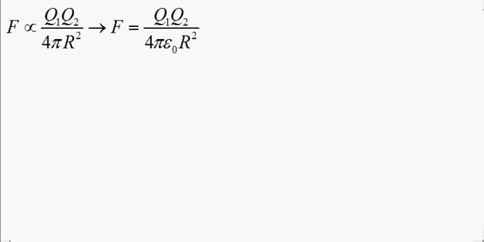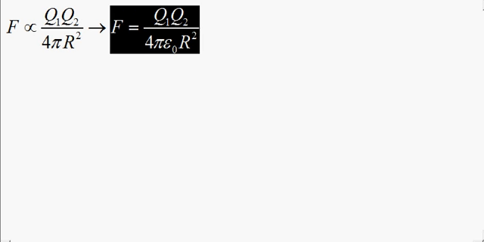Later on you get into material space, where each material has a different way that electric fields can form inside of them, and therefore epsilon 0 is not the correct term. You actually have epsilon r, and we'll get into that later. Basically, epsilon 0 is a measure of how well electric fields can form in free space. So this is Coulomb's law right here.